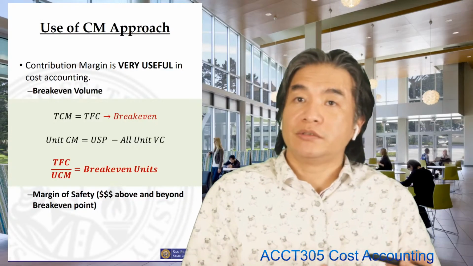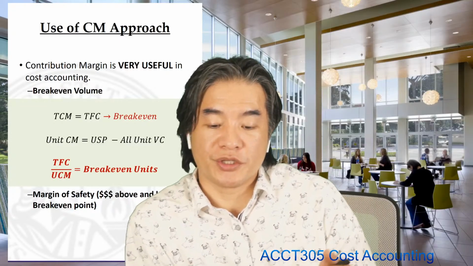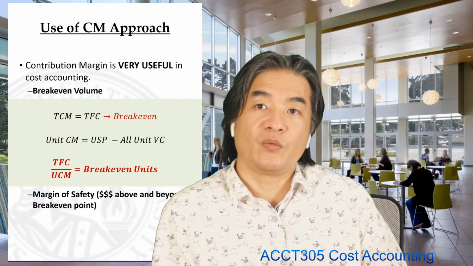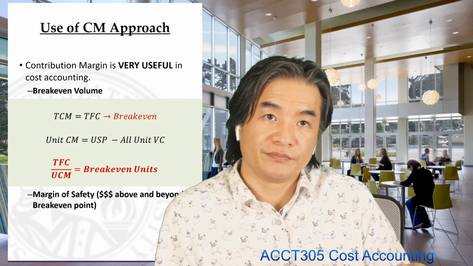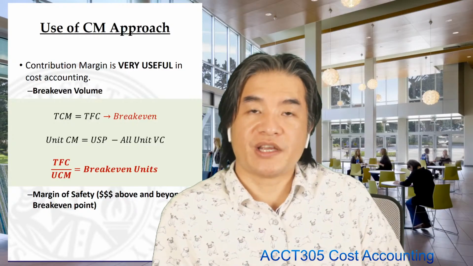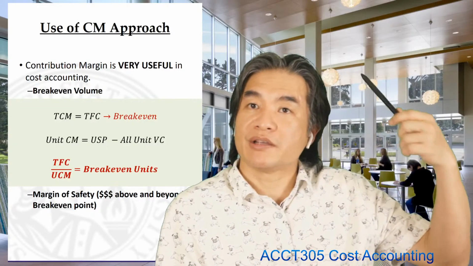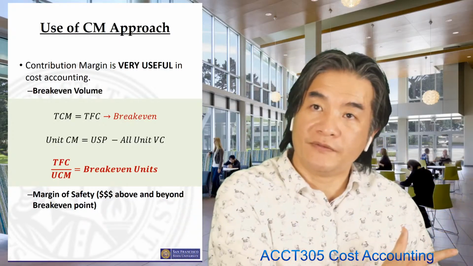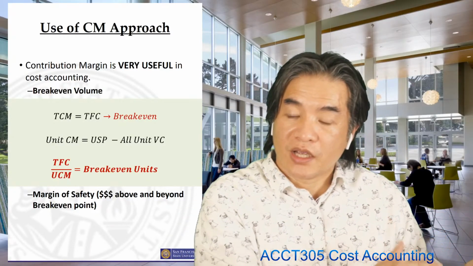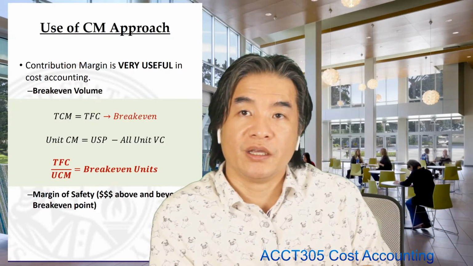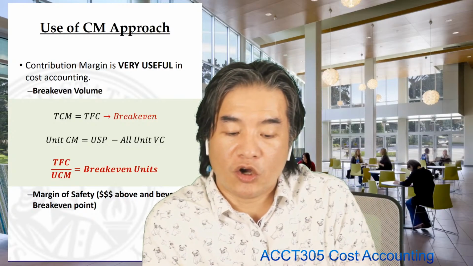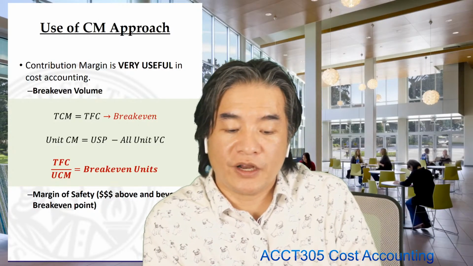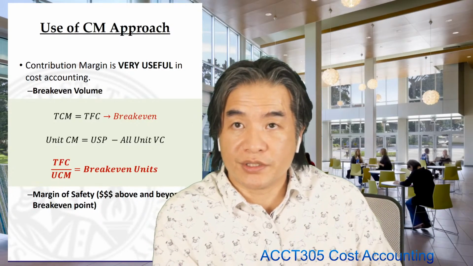So the next one is what we call the margin of safety. You see the word margin again, right? Here, margin of safety uses the same concept that we went over earlier, the concept of over and above. Margin of safety is the dollar amount over and beyond the break-even point.